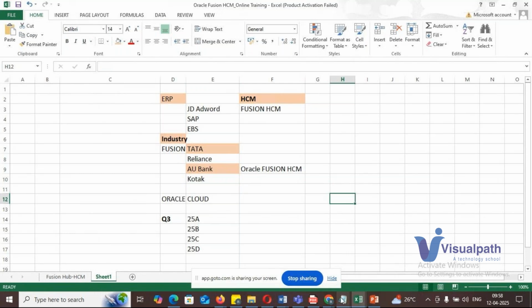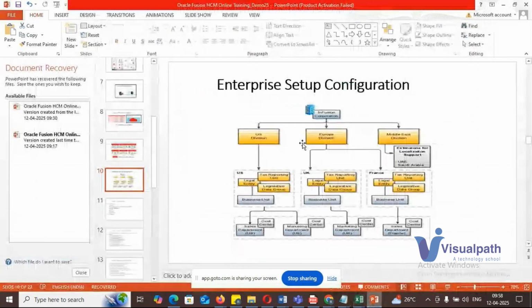Here a lot of setup configurations are required. First we need to configure the enterprise setup based on the industry or company requirement. We have to design the divisions and legal entity, whether it is legally registered or not, right? There is a lot of configuration in this, but I'll tell you step by step so you will not get confused.